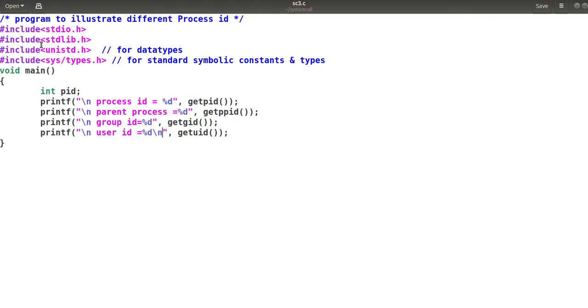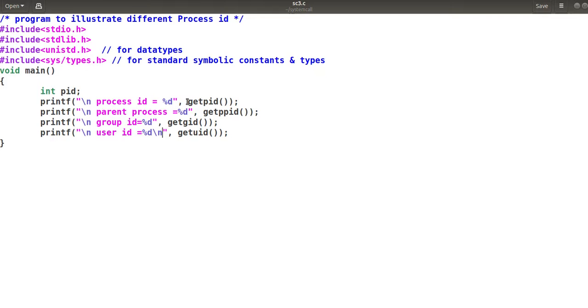One is unistd.h, which is used for different data types used by system call programs, and the second one is #include <sys/types.h>, which is used for standard symbolic constants as well as types. In these two header files, we have these functions.